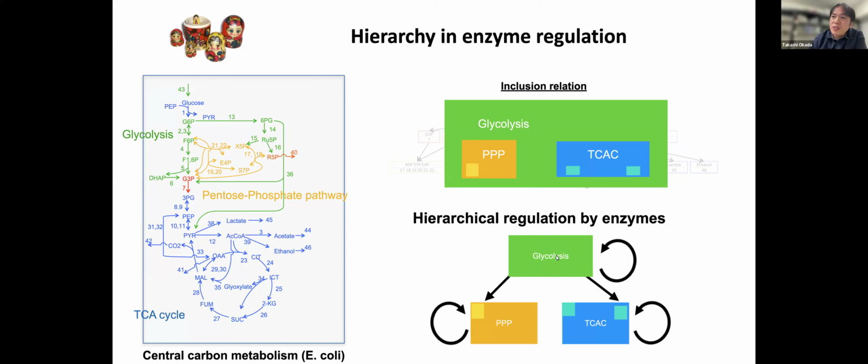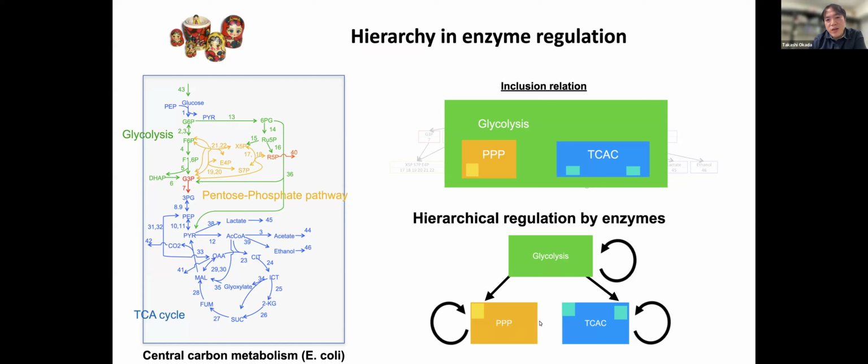But the glycolysis is not a buffering structure. Combining glycolysis with PPP and TCAC gives a buffering structure. So enzymes catalyzing glycolysis affect not only metabolites in glycolysis, but also those in PPP and those in TCAC.